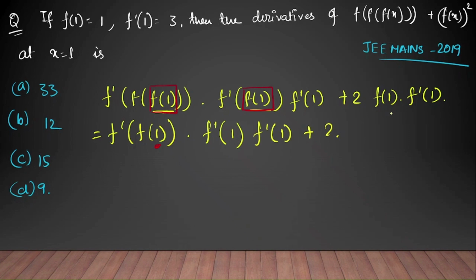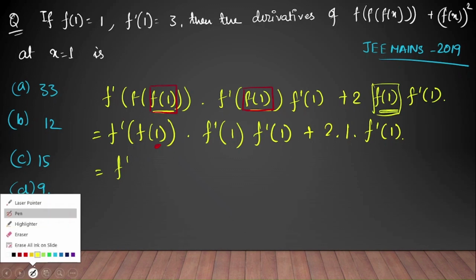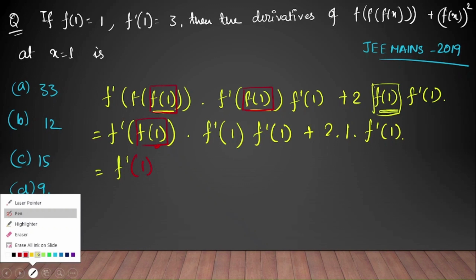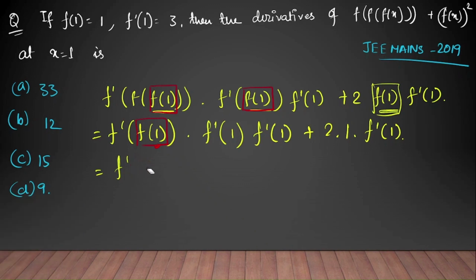Plus 2 into f(1), that is 1 into f'(1). So it becomes f'(1) into f'(1) into f'(1) plus 2 into f'(1).